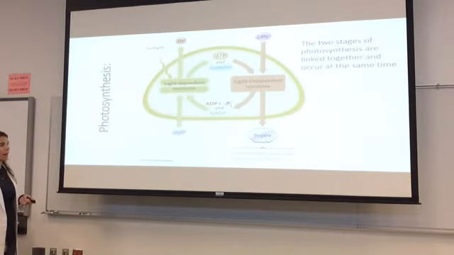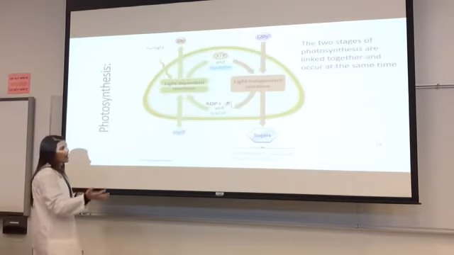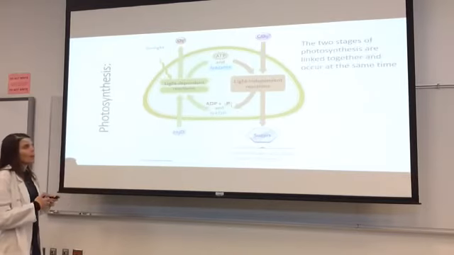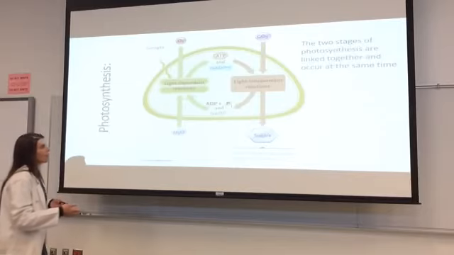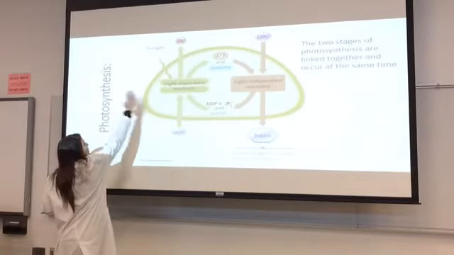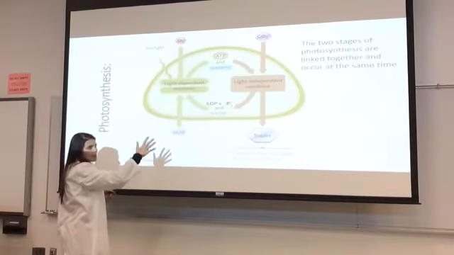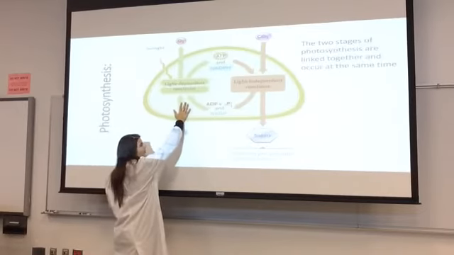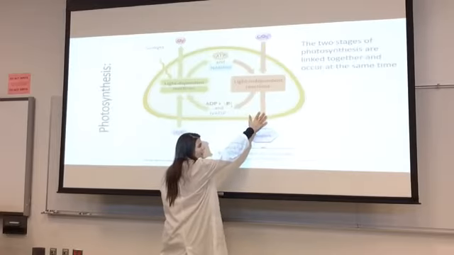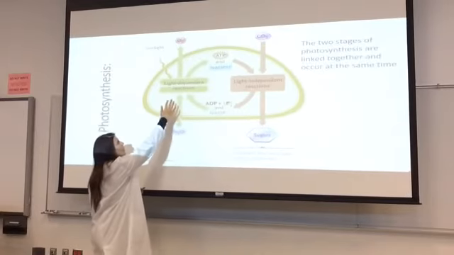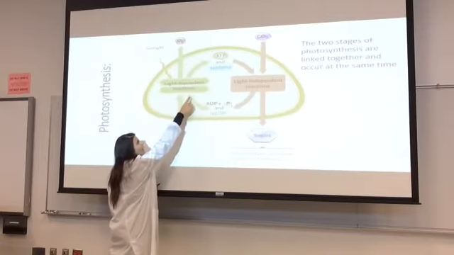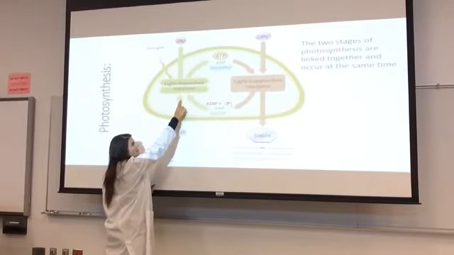Here is my chloroplast and a diagram to help indicate what the reactants and the products are for each set of reactions. So this collectively is photosynthesis. Photosynthesis has two parts, light-dependent and light-independent. Beginning with the light-dependent reactions, they occur in the thylakoid membranes.